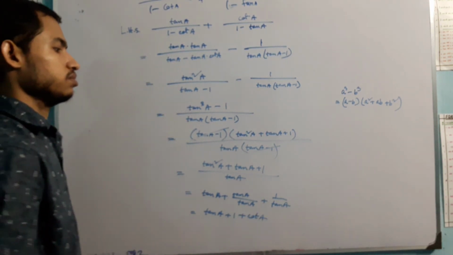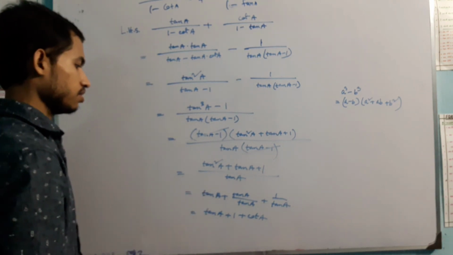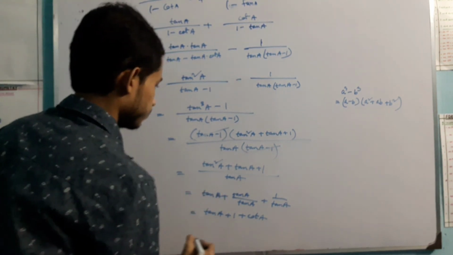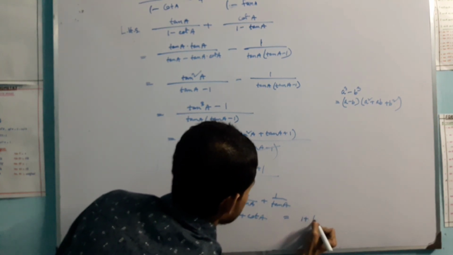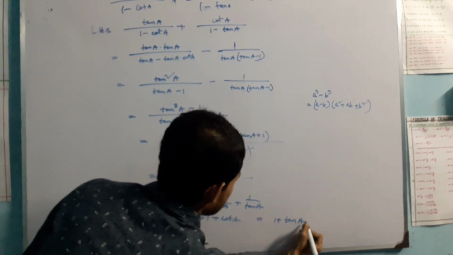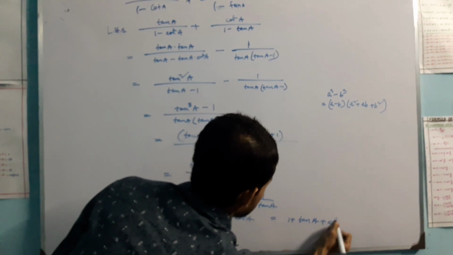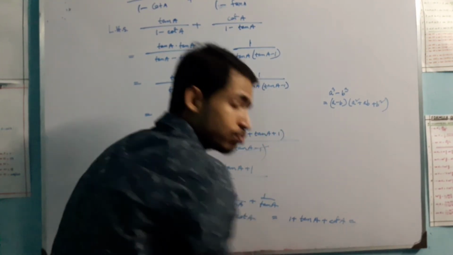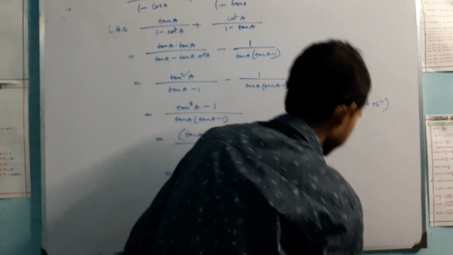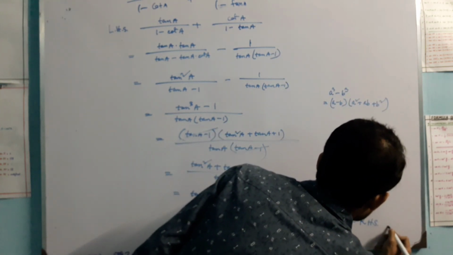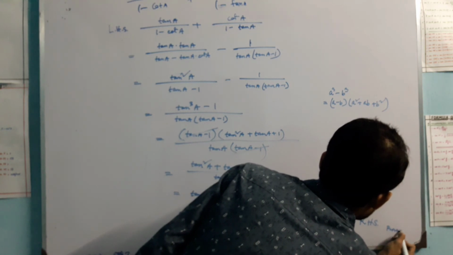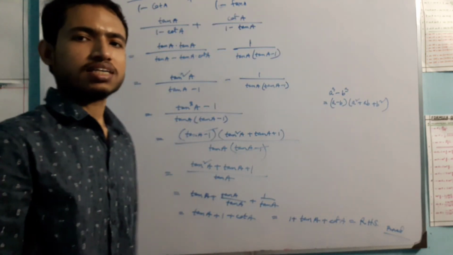We all know that 1 by tan A equals cot A. Now rearranging this term, which equals the right hand side of the given equation. I hope this answered your question.